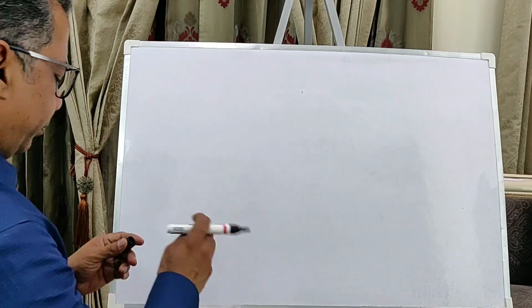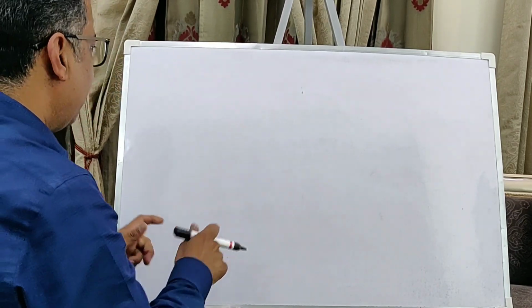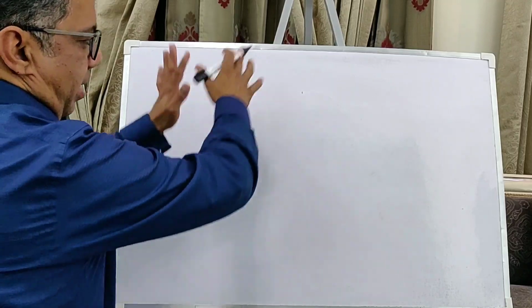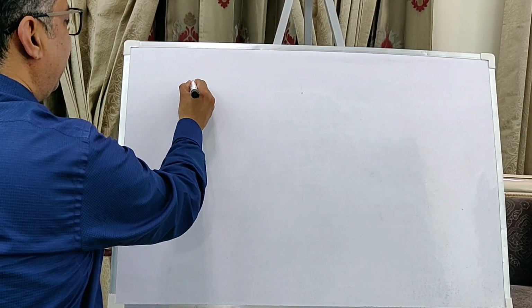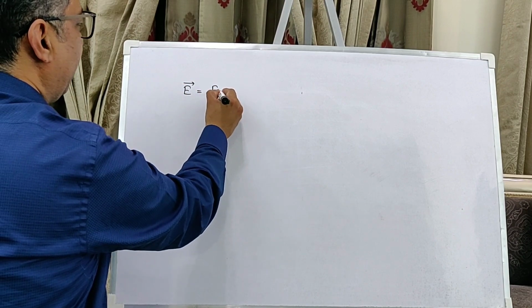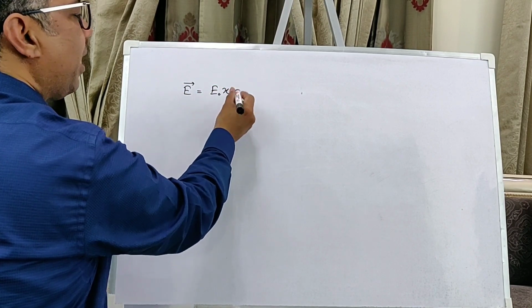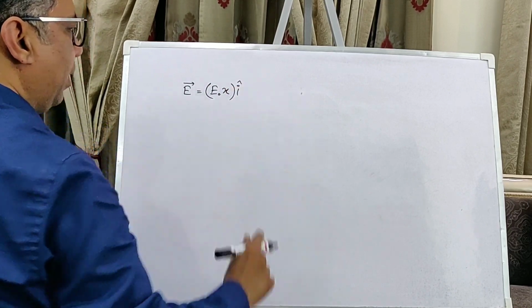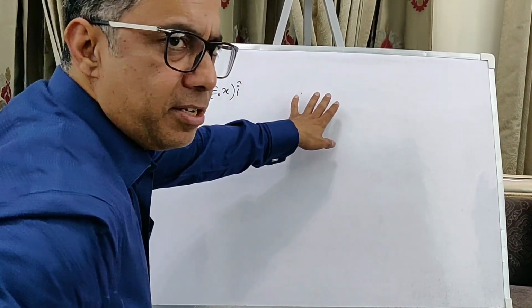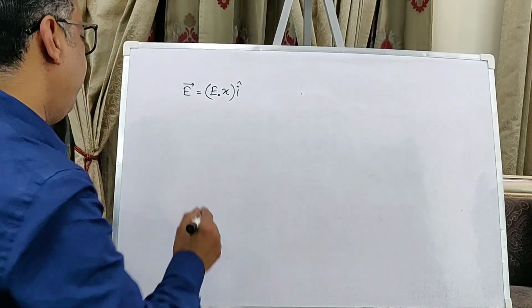Now consider a region of space where the electric field is given by E naught times x, where x is the x coordinate, into i cap. And the y and the z components of the field are 0.